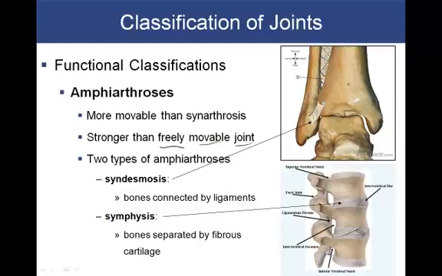Here we have the distal tibia and fibula, and they're connected via this little ligament. And this is an amphiarthrotic joint. And then the symphysis. Bones are separated by fibrous cartilage. If we look at the bodies of the vertebrae, they are separated by a cartilaginous pad forming a symphysis.